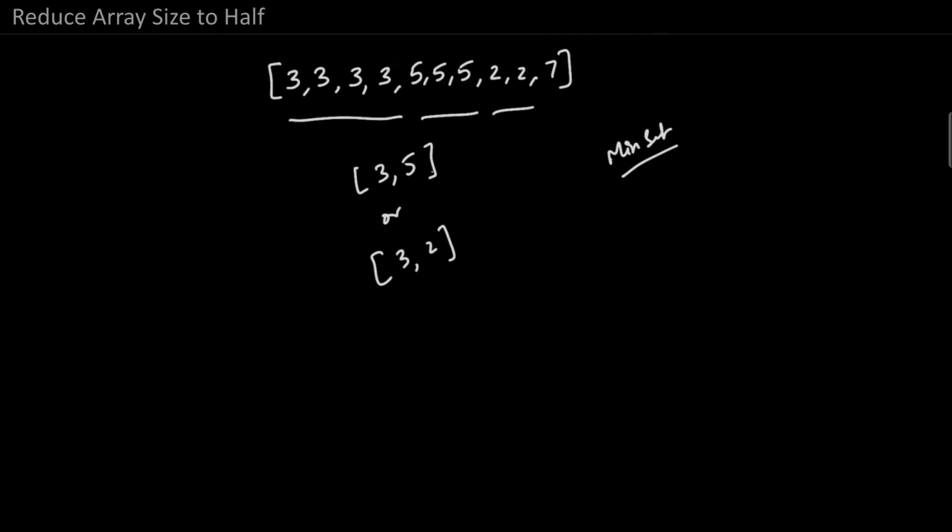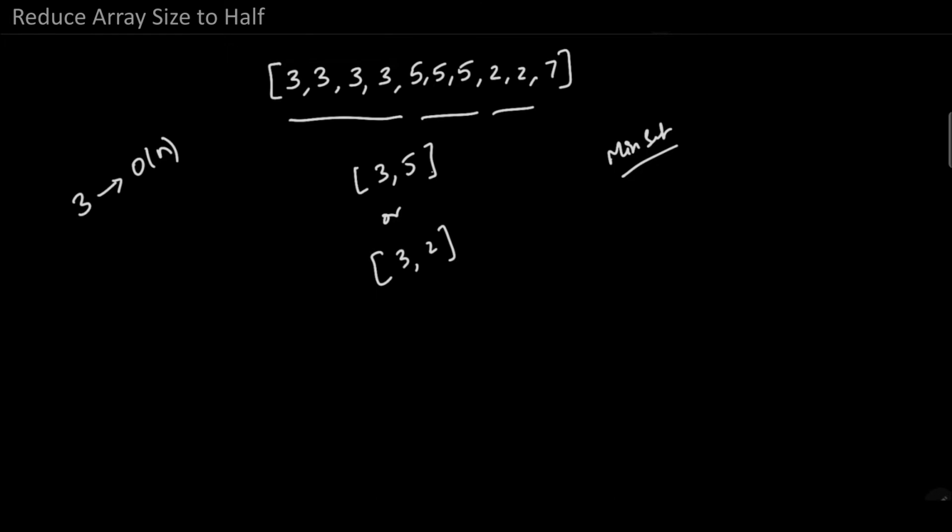So the brute force approach is to count the occurrence of each element by going through the whole array and storing it in an external set or map. And then based on each element we can remove it and see.